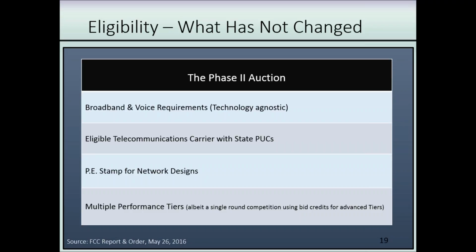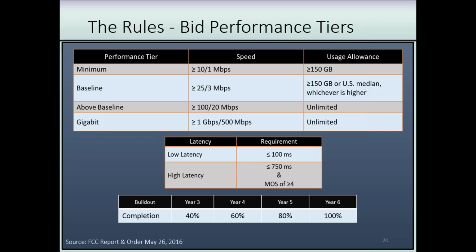Next slide, we'll get into that, and we'll be close to a wrap up here. So on the rules, the speed tiers are defined as a minimum performance of 10 megabit down, 1 megabit uplink. That is at peak usage periods that will be measured in some fashion that's not been defined yet.